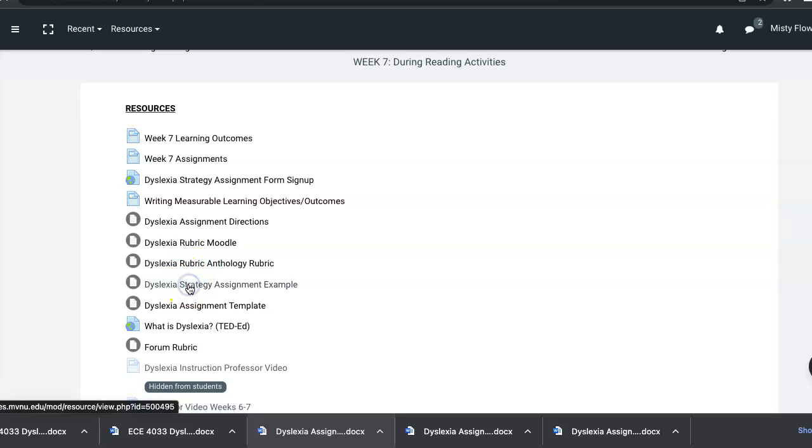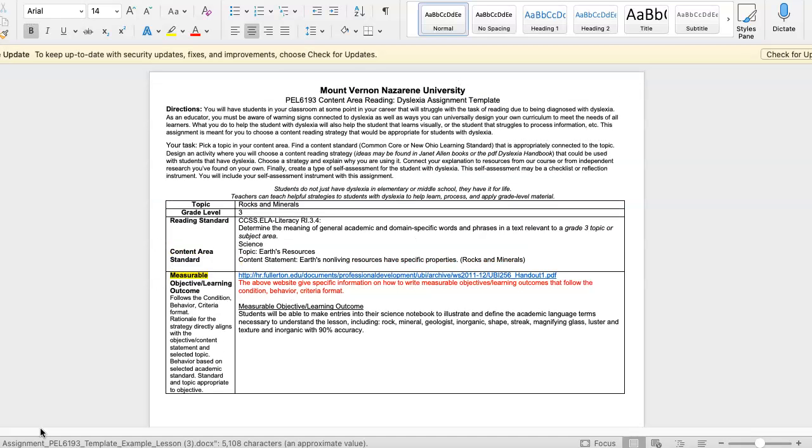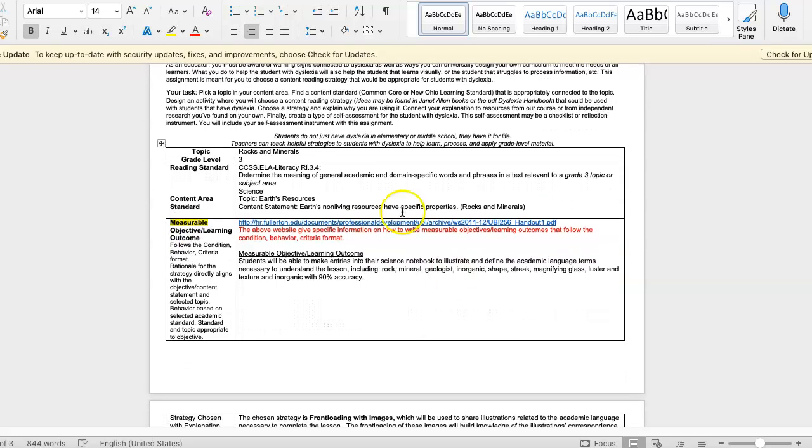Here is an example of a lesson. Here is my topic, which is rocks and minerals. It is for grade 3.